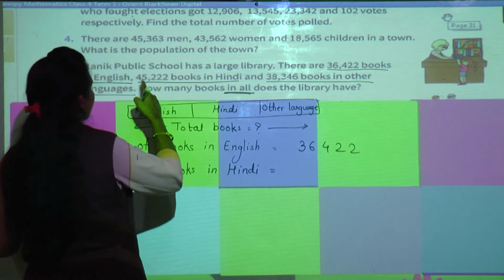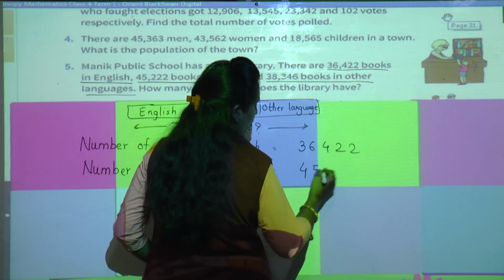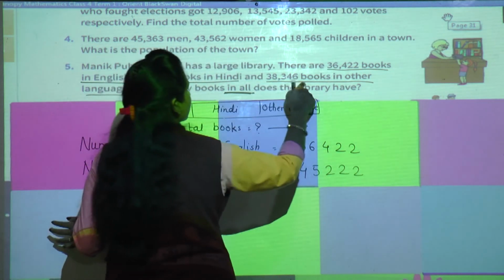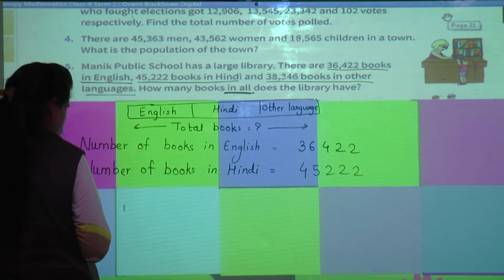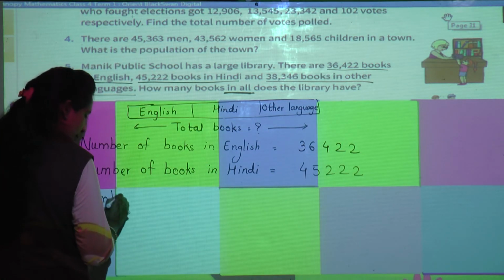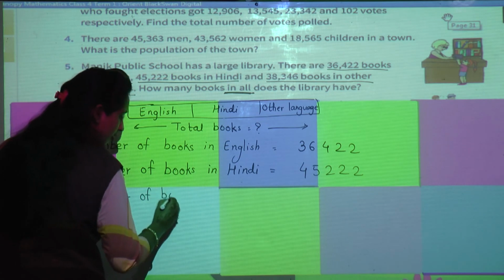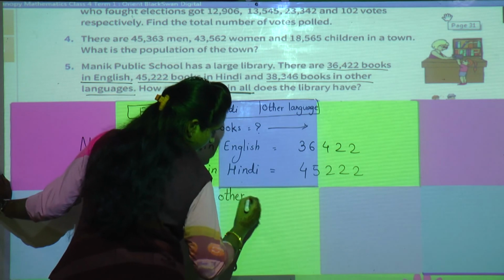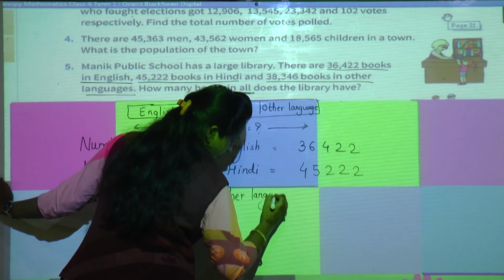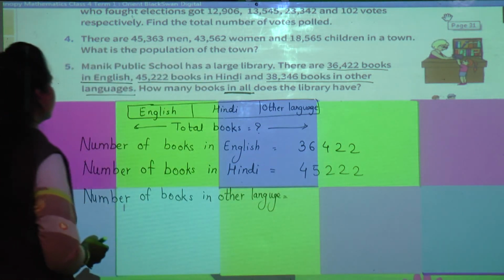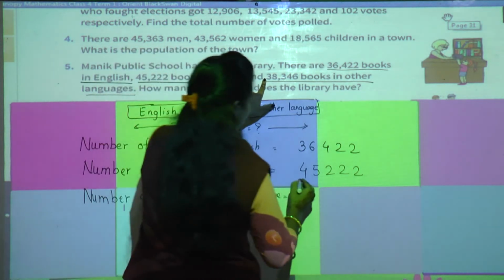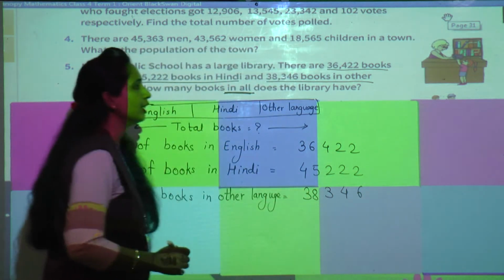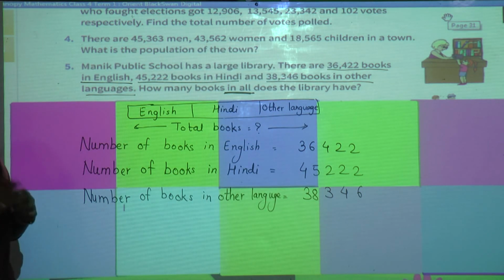How many? 45,222. And the last one, books in other language. So I'll write here number of books in other language. How many have they given? 38,346.